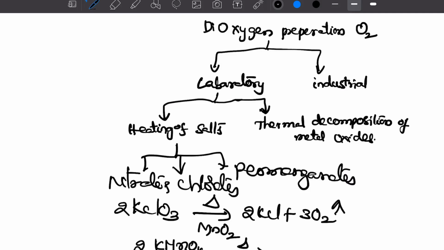On strong heating, it gives K2MnO4, that is potassium manganate, plus oxygen plus MnO2. So these are the main important laboratory preparations. The first method is heating of salts, and the second is thermal decomposition.